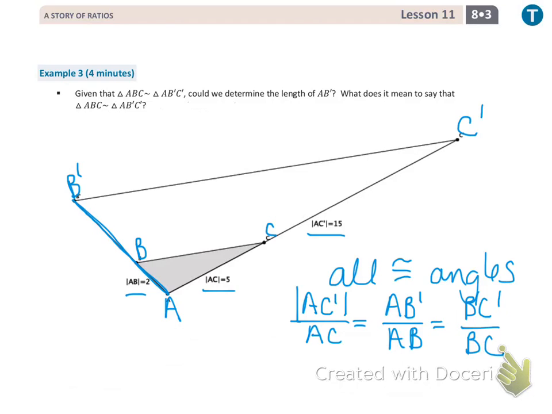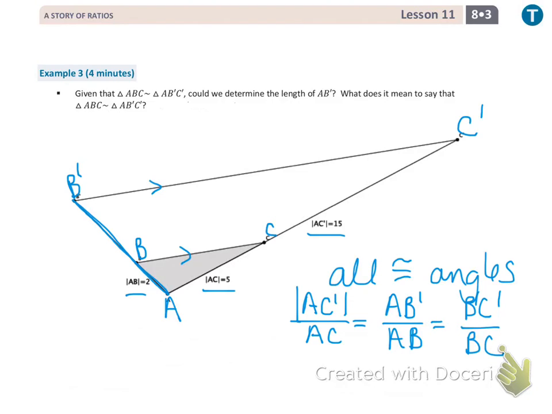I also know that these two lines here are parallel because they're similar triangles. Okay, so we're going to use this right here to help us with finding the missing length. AB prime is what I want to find out.